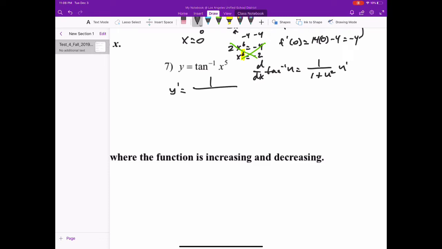Remember the derivative of the outside is inverse tangent. So we take the derivative of inverse tangent is just 1 plus our inside value, copy, times the chain rule, which is 5x to the 4th power, power rule. Rewriting this if you want to is equal to 5x to the 4th power over 1 plus x to the 5th power.